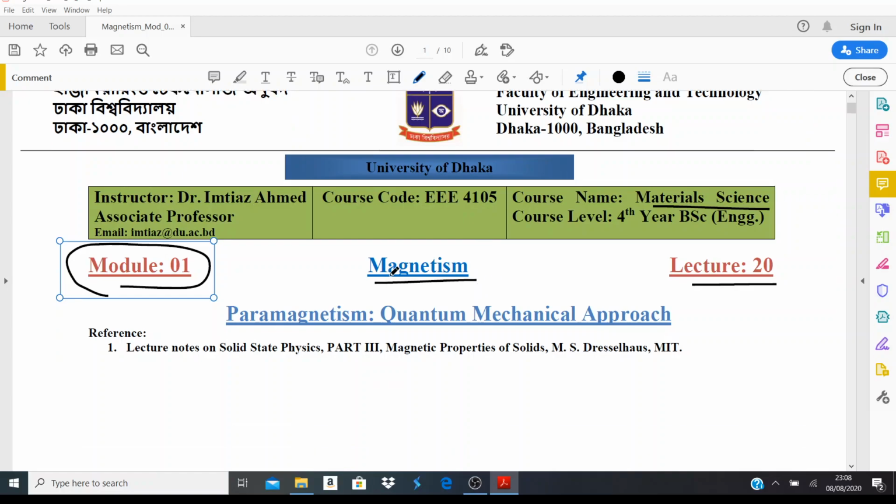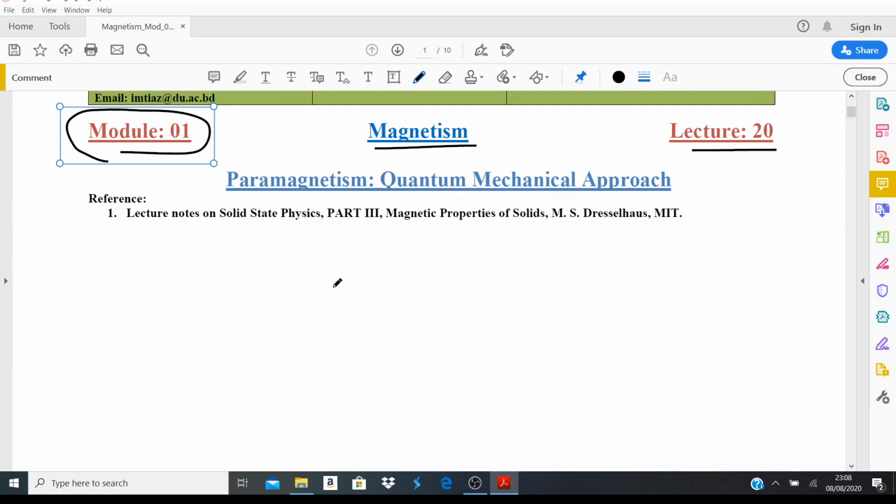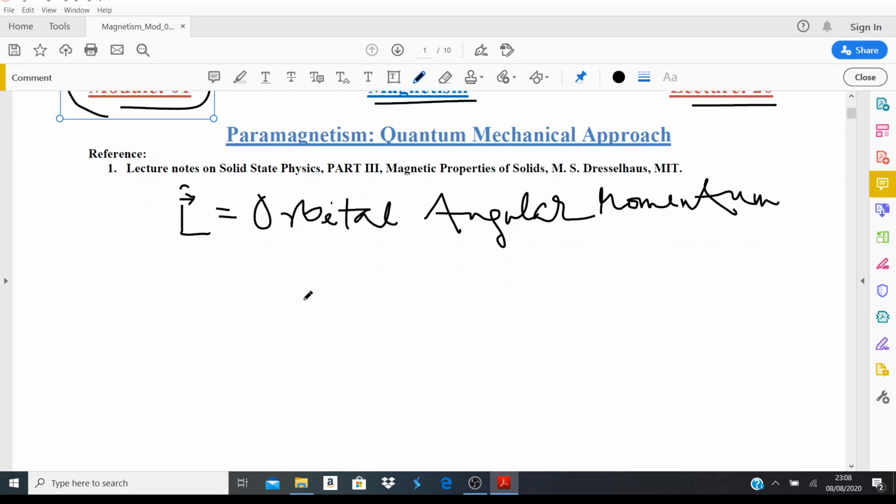And if you recall, in the last 3 lectures, I believe, I have introduced 3 different types of angular momentum of an electron, right? And they were L, which is the orbital angular momentum operator of an electron.